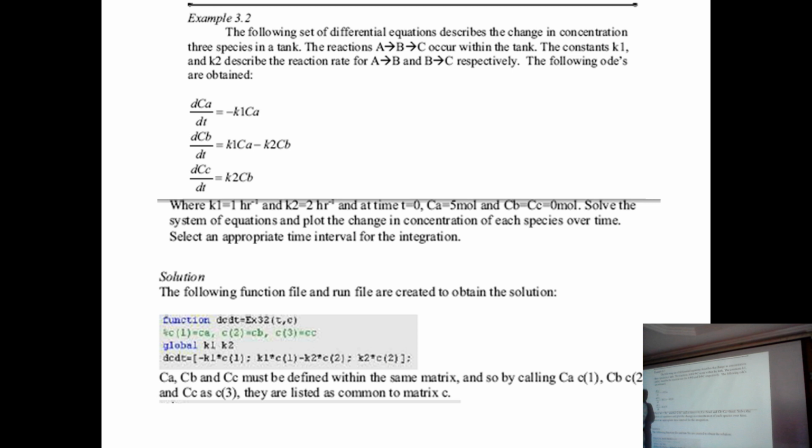So C of 1 represents concentration of A, C of 2 represents concentration of B, C of 3 represents concentration of C. So you see, k1 into c of 1; k1 into c of 1 minus k2 into c of 2; k2 into c of 2, where c of 2 is CB. Close it.